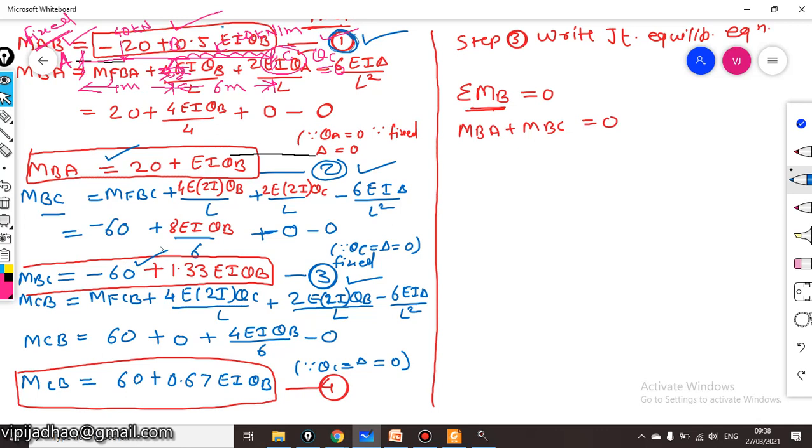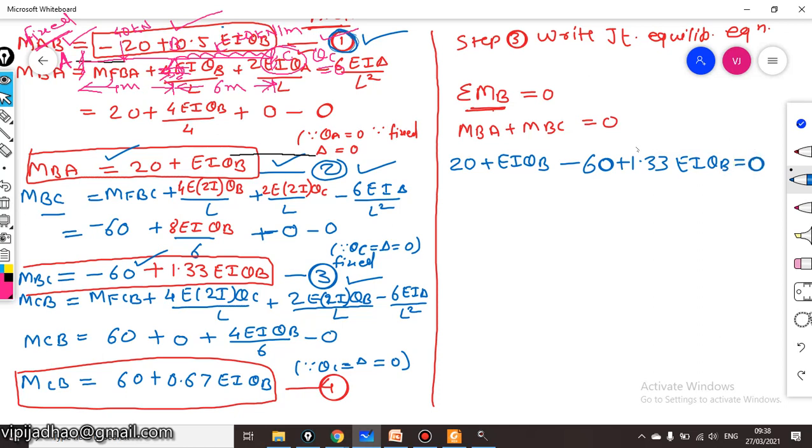Just put the values of MBA and MBC here. So we get 20 plus EI theta B, plus, it won't be plus, minus 60 plus 1.33 EI theta B is equal to 0.